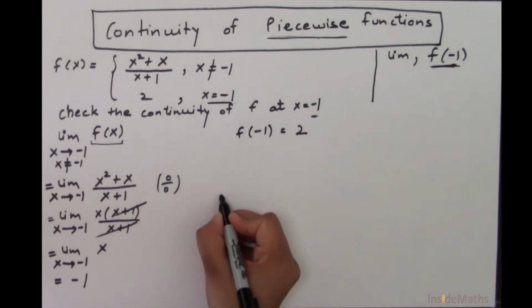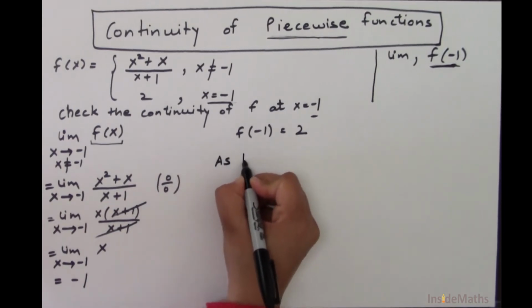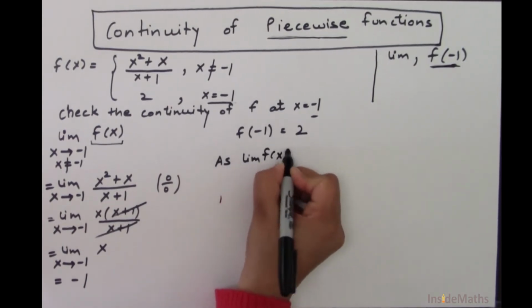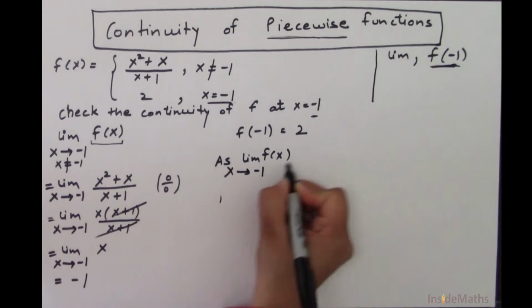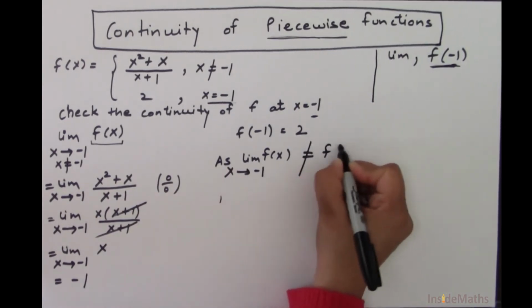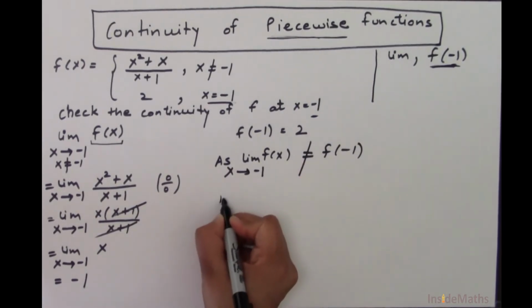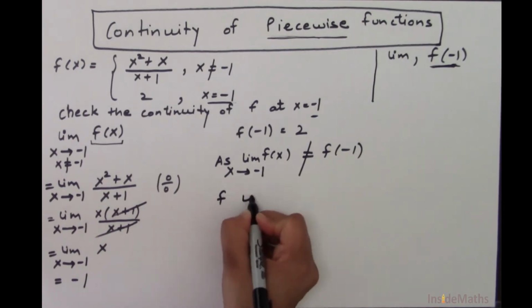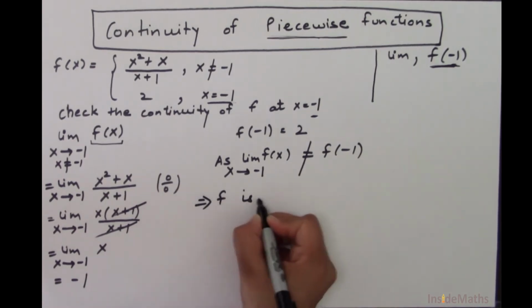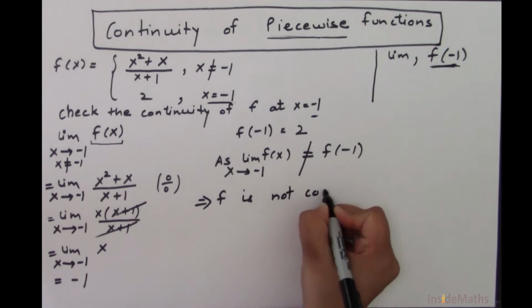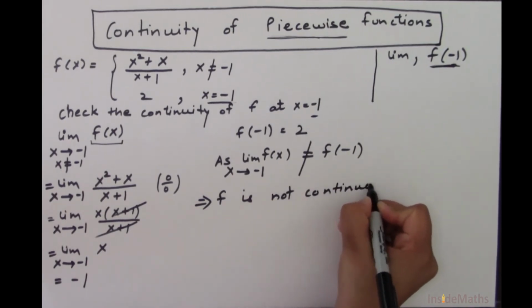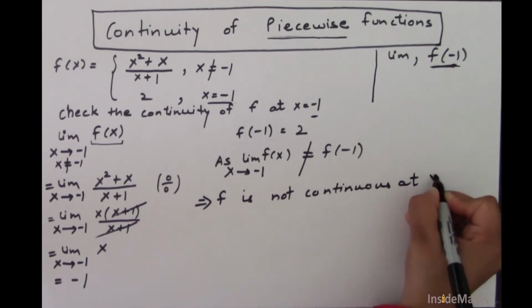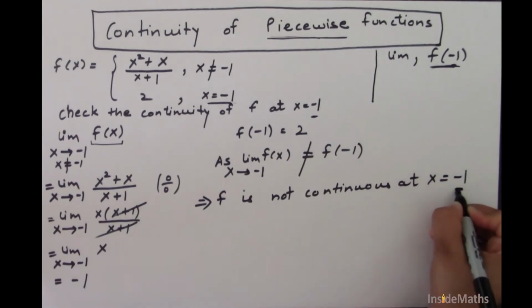That means I'll write as limit f of x when x is approaching to -1 is not equal to f of -1. Then it implies f is not continuous at the point -1.